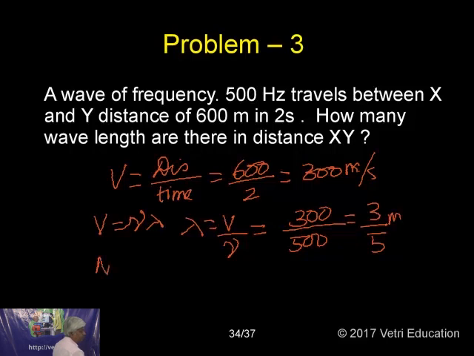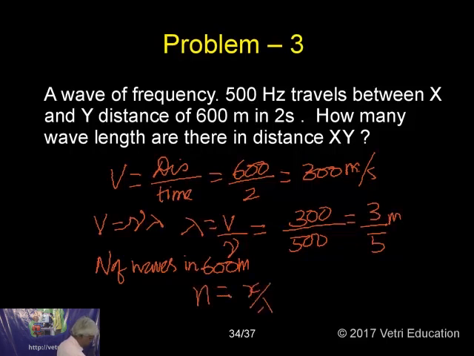Therefore, the number of waves in the total distance of 600 meter is n equal to x by lambda. Here x is 600, and lambda is 3 by 5.